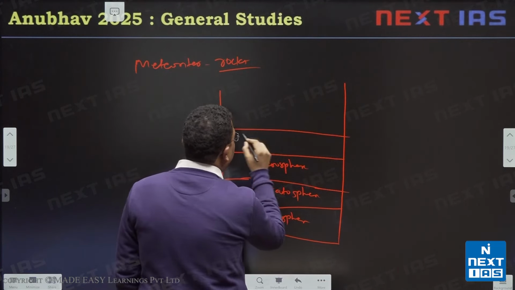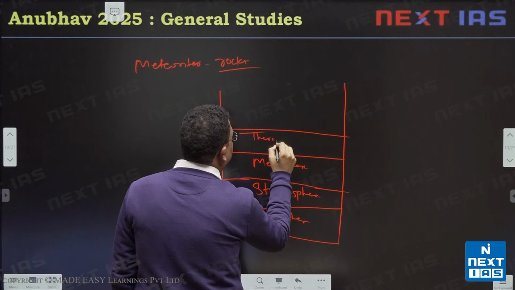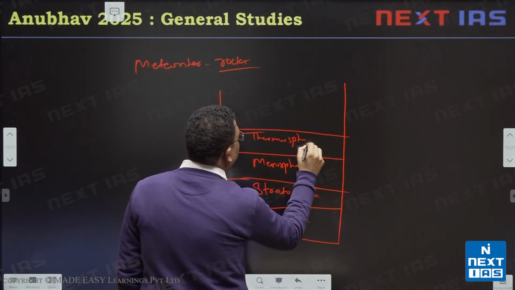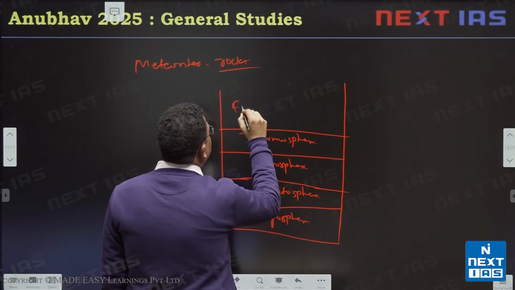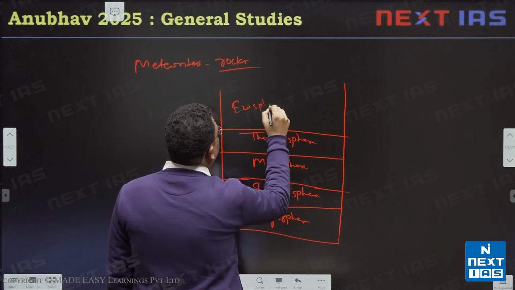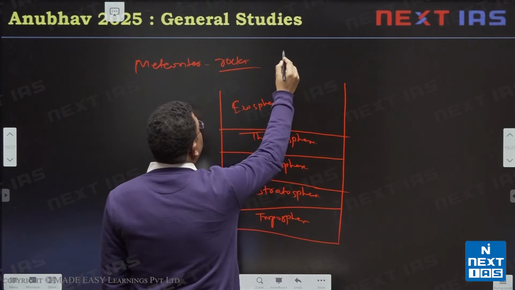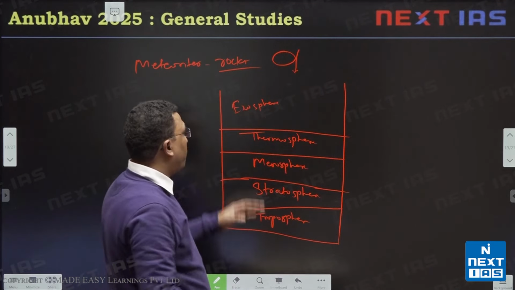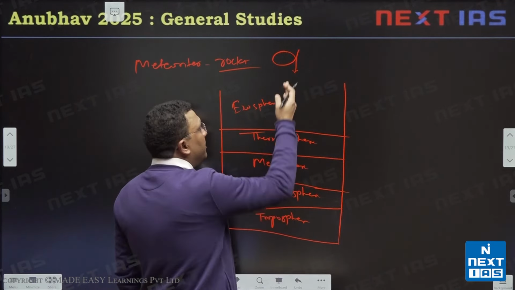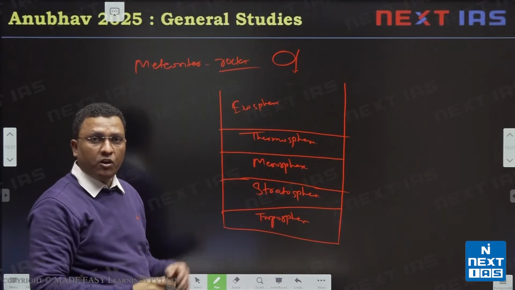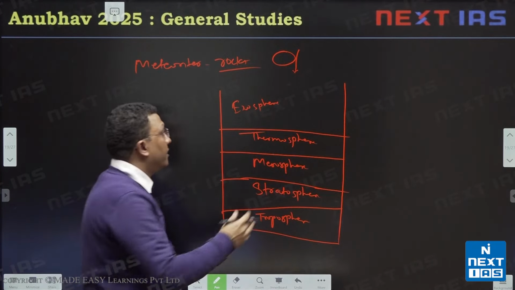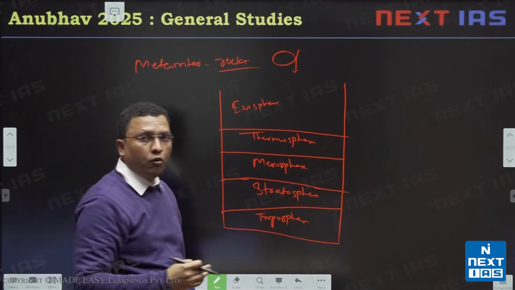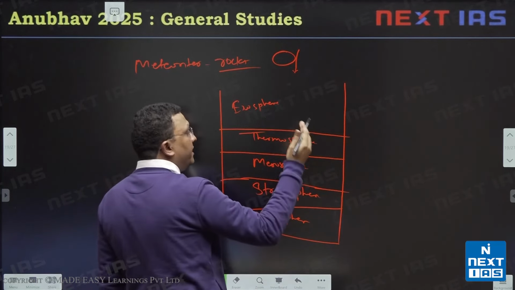Then there will be the thermosphere, and then the upper part is the exosphere. So let's say there is a meteorite that is falling towards Earth, right? When it is falling through outer space, there is no gas because it is completely vacuum, right? So it falls safely through outer space, right, without any friction.